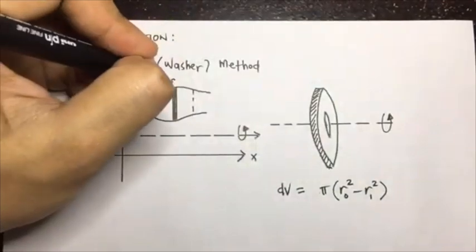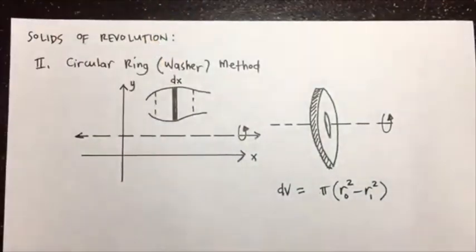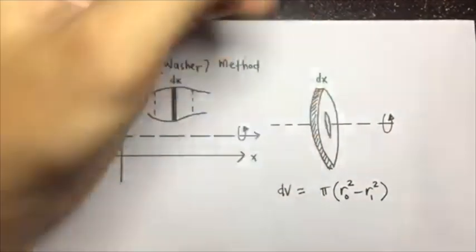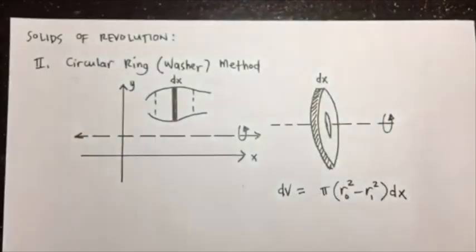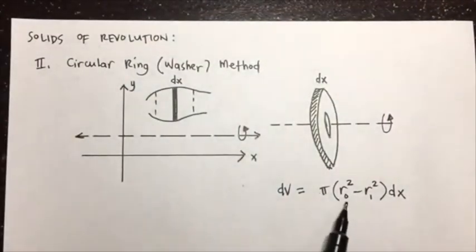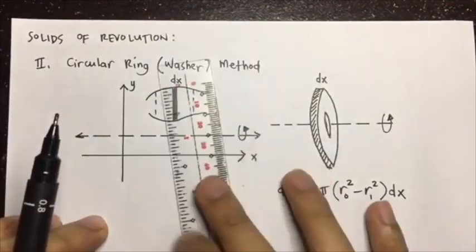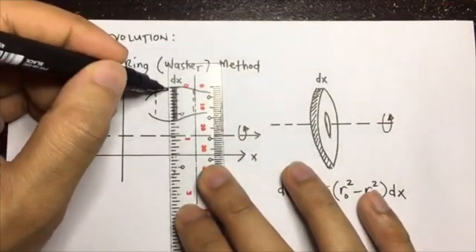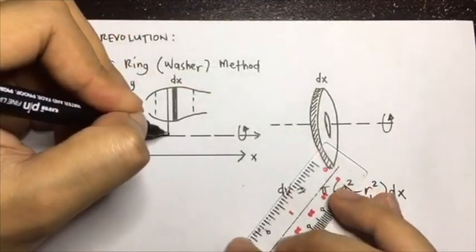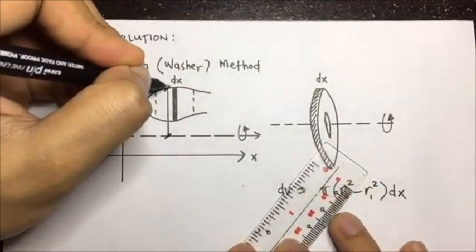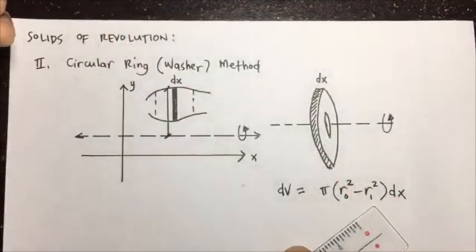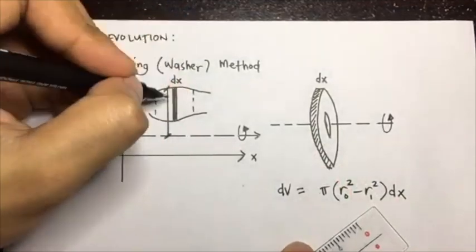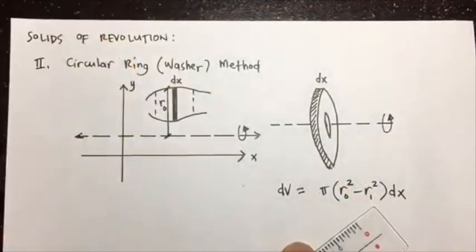So in this case, we have dx as the thickness. The outside radius will correspond to this length, from the axis of revolution until the higher curve. So that is our Ro.